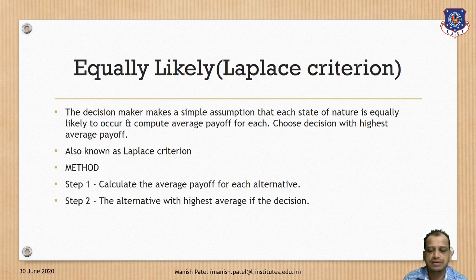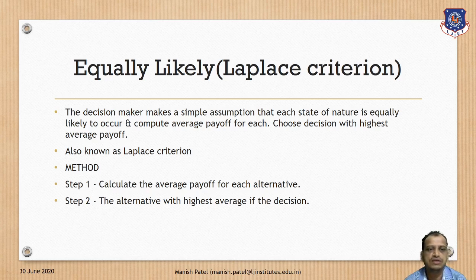Now the Laplace criterion. What do you mean by the Laplace criterion? In this criterion you take the probabilities, or you can say the averages of payoffs, of the given alternatives. It starts with the assumption that the states of nature are equally likely to occur.